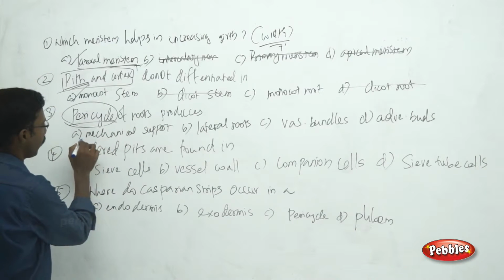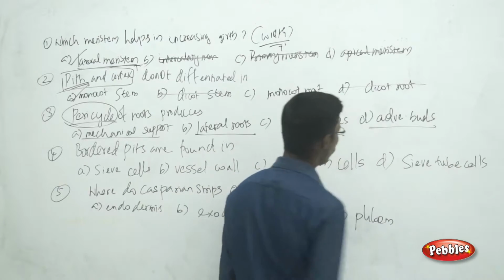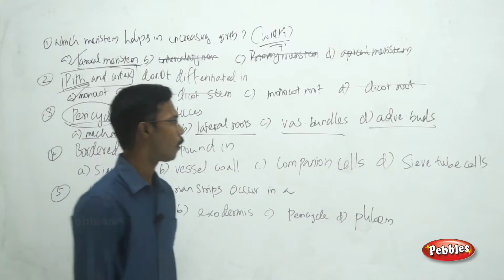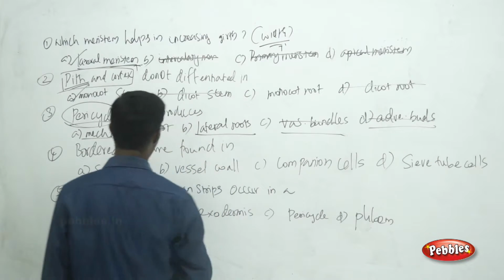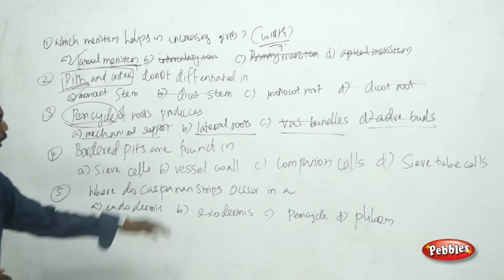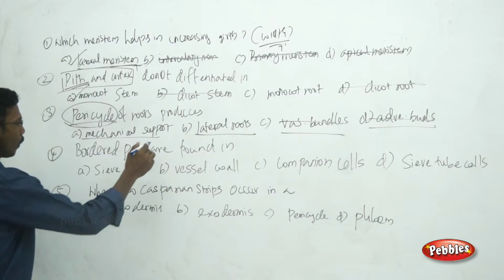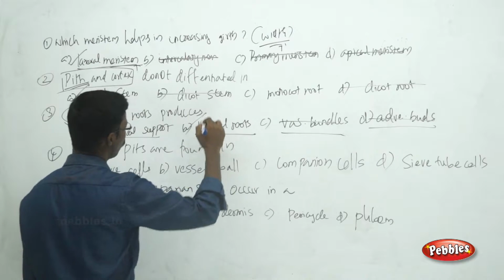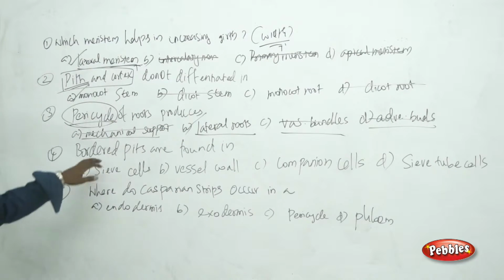See the choices: mechanical support, lateral roots, vascular bundles and adventitious buds. You can easily eliminate the vascular bundles and adventitious buds because they do not belong to the pericycle, and you have to choose between mechanical support and lateral roots. Actually, the pericycle is going to produce the lateral roots. Okay, and that is the answer for the question.